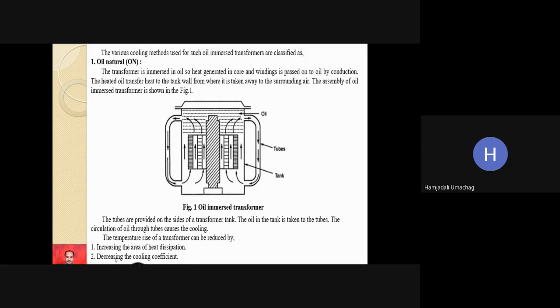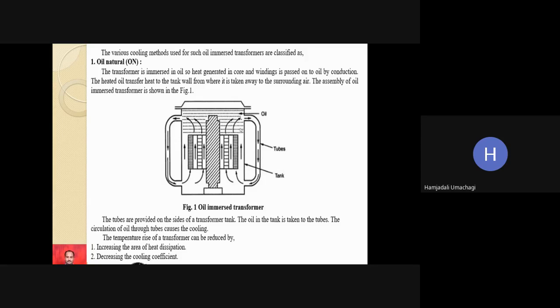The circulation of oil through tubes causes the cooling. Whenever the heat-carrying oil passes through the tubes, the heat is easily taken through the tubes to the atmosphere. Now, how can the temperature of a transformer be reduced? We can reduce it by increasing the area of heat dissipation.